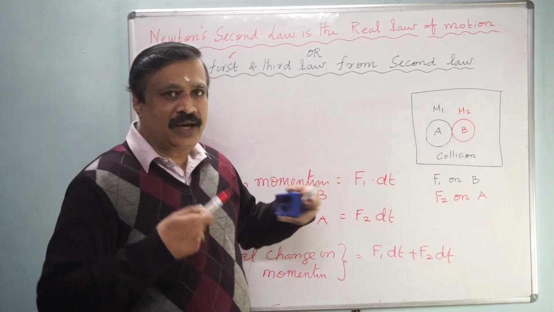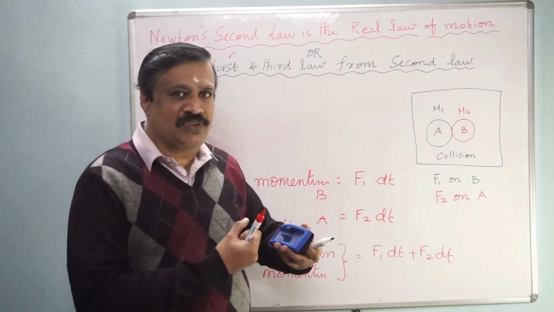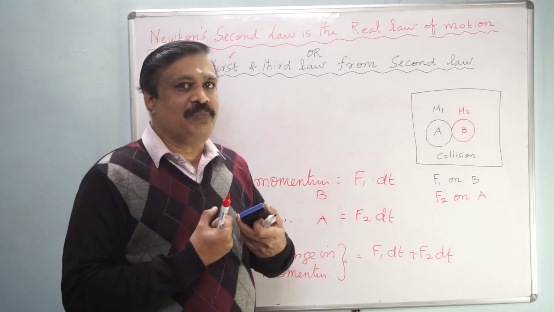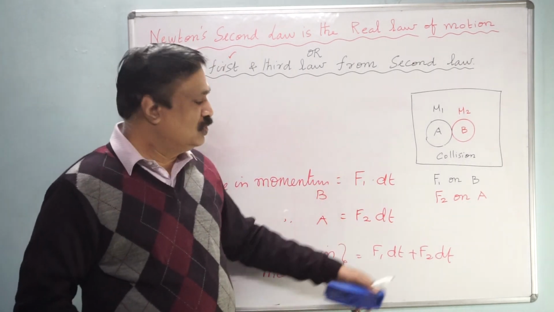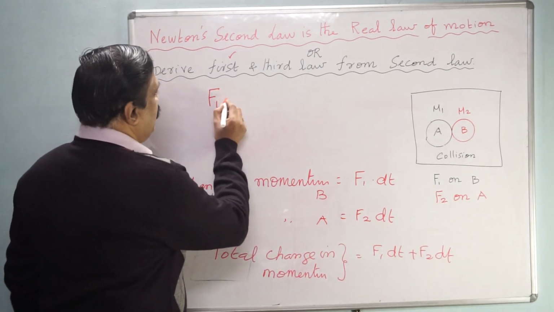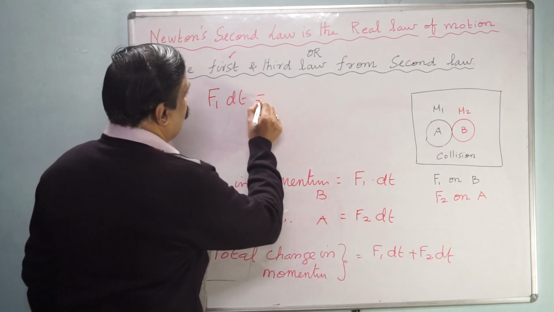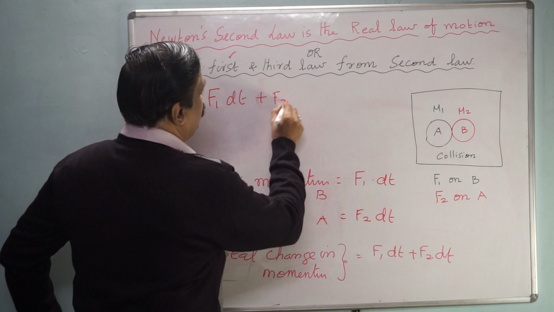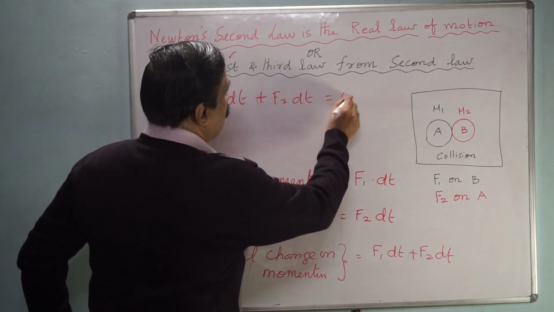Only body A has energy and it collides with B, and B has energy and it collides with A. That means there is no external force in this system. Therefore, you can write F1 dt plus F2 dt, which is equal to 0.